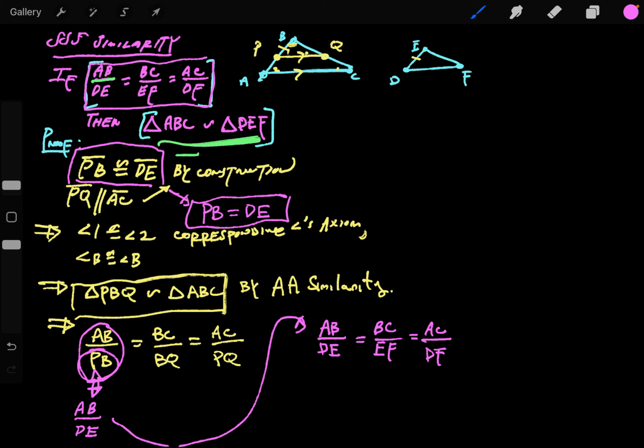So AB over PB is equal to AB over DE, and AB over PB is equal to BC over BQ. So then BC over BQ is going to be equal to BC over EF. Just follow along with how I got that one.